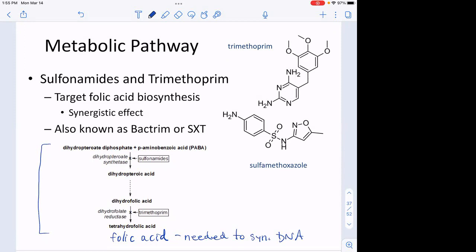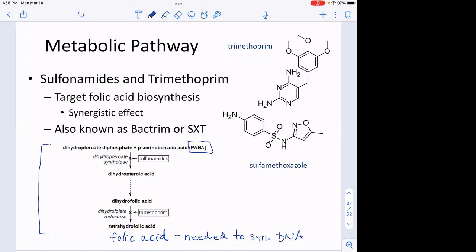So if you look at that pathway a little bit, to simplify, the substrate here is para-aminobenzoic acid, PABA. That's one of the substrates. And there are several different enzymes that bacteria have that help the cell end up with folic acid.